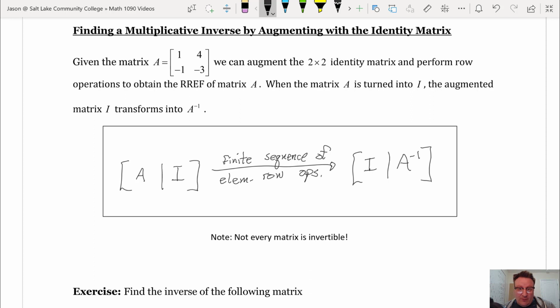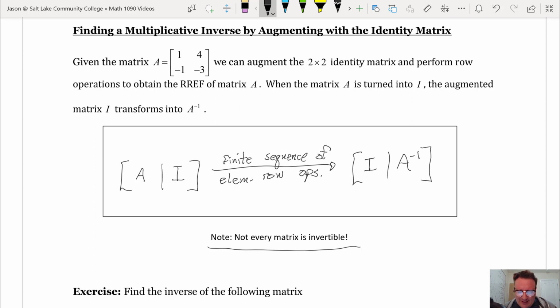For example, if you get a row of all zeros at the bottom of your coefficient matrix, then you will not be able to transform this left-hand matrix A into the identity matrix. The one big takeaway is that not every matrix is invertible.